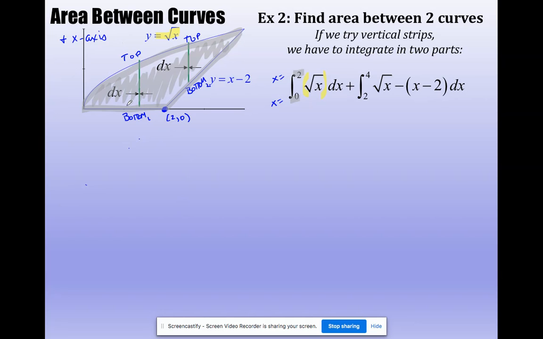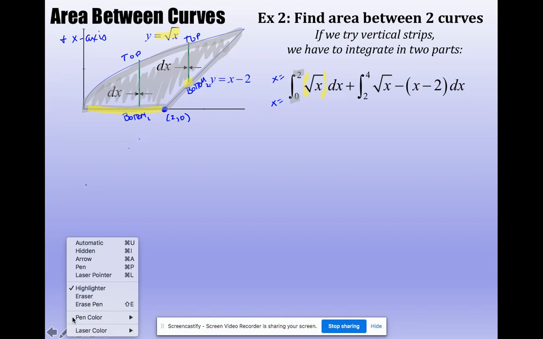And what's my bottom? Y equals 0. So I don't actually have to put the square root of x minus 0, right? But that really is there. But as soon as I had a strip that changed its bottom, I had to change the integral.